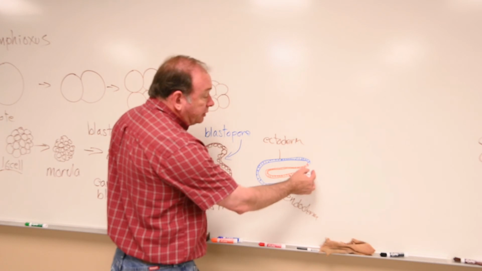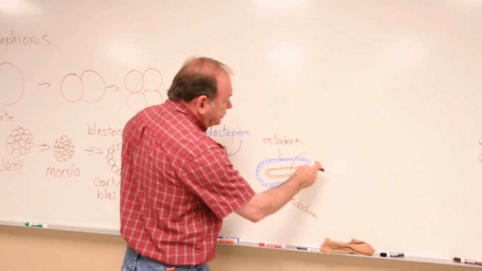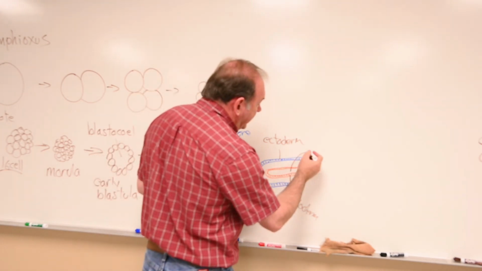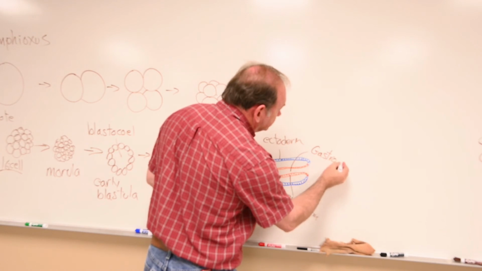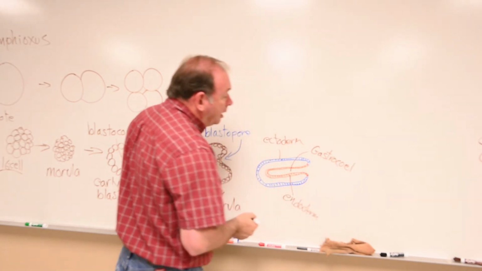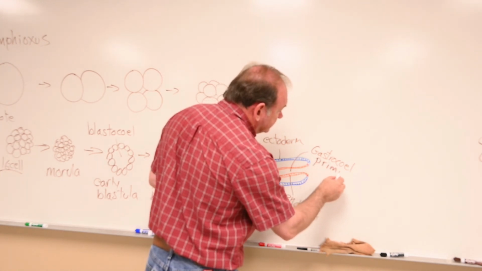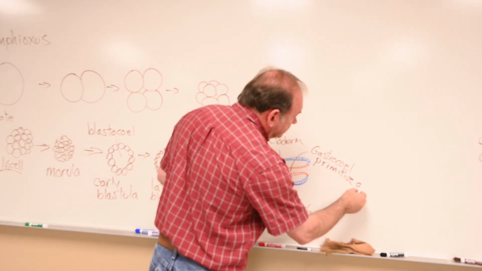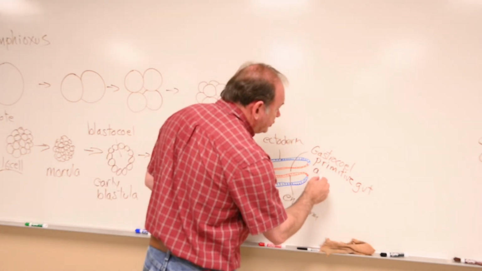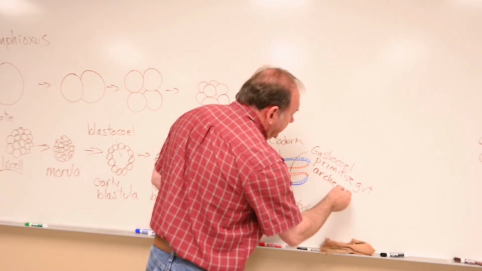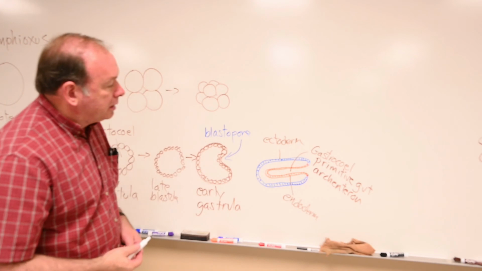That was our blastocele opening back here in the back, but this cavity right here that forms that long tube-like passage is the gastrocele, also known as the primitive gut, and sometimes called the archenteron, A-R-C-H-E-N-T-E-R-O-N.